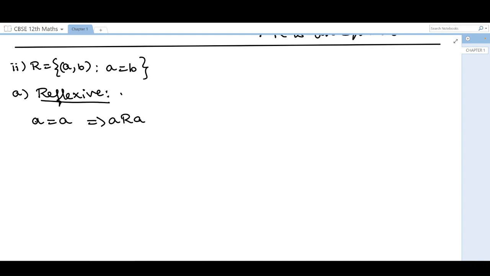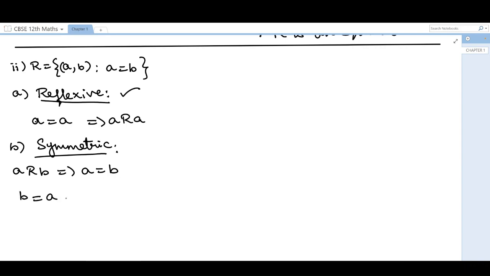Therefore, the given relation is reflexive. The second one is symmetric. If you take two elements a and b such that a is related to b, this implies a equal to b. Now we have to verify whether b is related to a. Since a equal to b, we can say b equal to a. So this implies b is related to a. Therefore, the relation is symmetric.